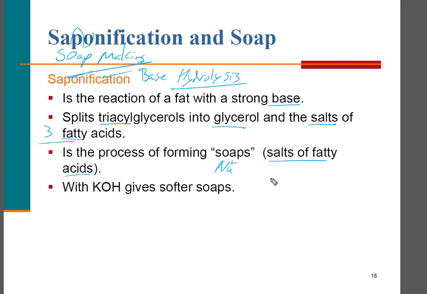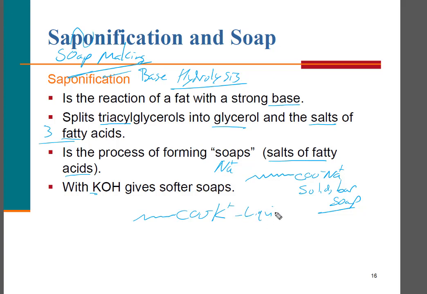Let me write it this way: the long chain, squiggly, COO minus. If it's sodium, this would be a solid or a bar soap. If it's potassium hydroxide, you get the potassium salt. This would be a liquid soap.